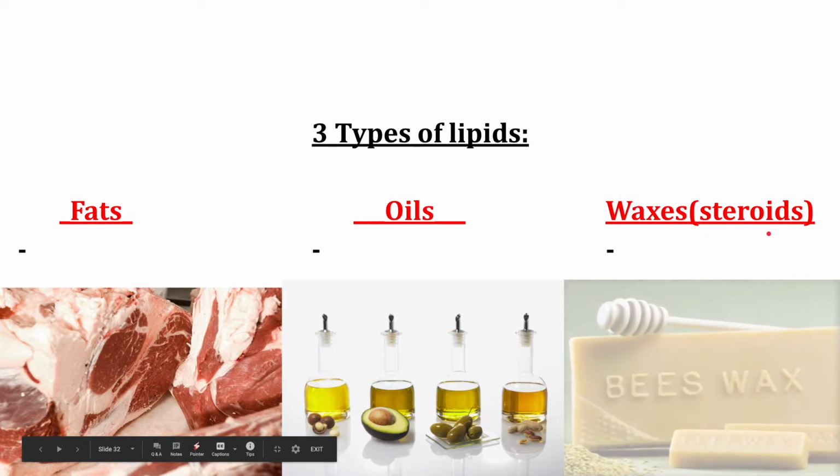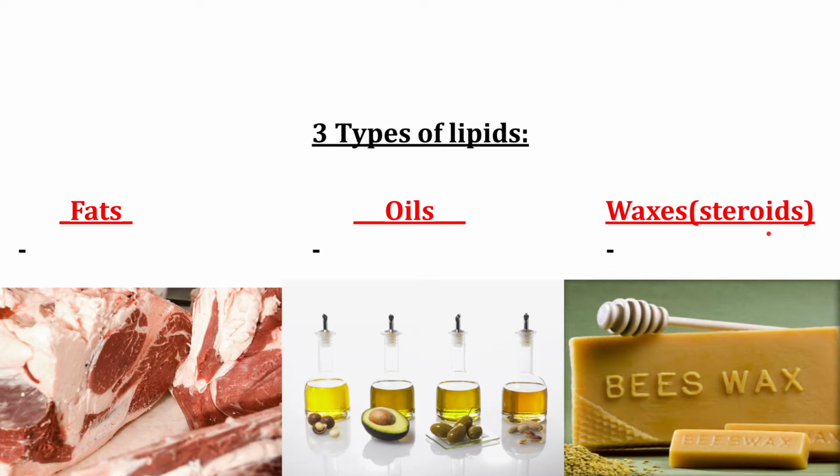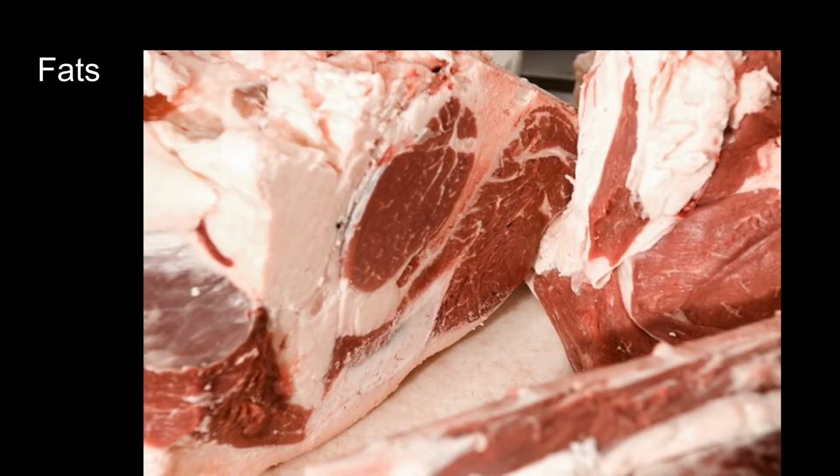And last but not least is waxes, and this is a really interesting type of lipid structure that ends up giving waxes very distinct chemical characteristics. They can be both solid or liquid at room temperature, depending on how they are structured. And like I said before, fats are traditionally solid at room temperature, found mostly in animals, and usually are associated with negative effects to your health.